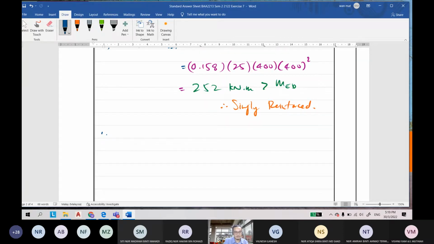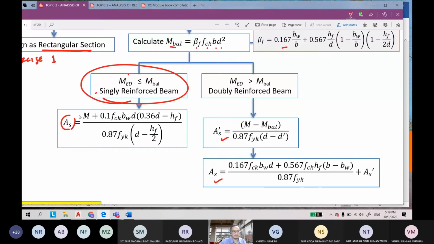Very simple. Step number 4, calculate the AS. So AS is equal to, be careful, M, you must multiply by 10 to the power of 6.